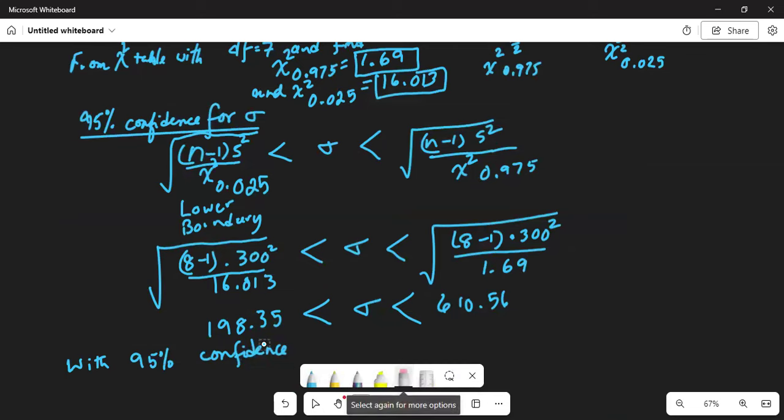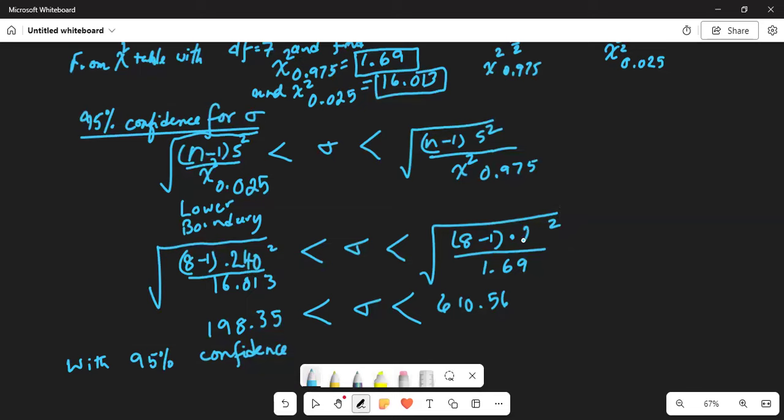The sample standard deviation was 240, not 300, because normally it is 240 pounds standard deviation.